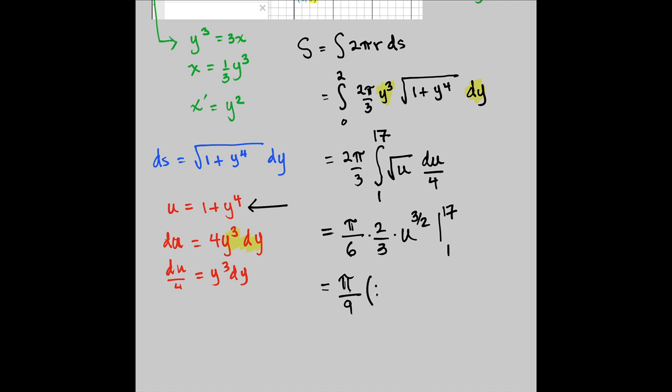And then we will have 17 to the 3/2 minus 1 to the 3/2. Well, 1 to the 3/2 is just 1. And typically in this book we do our simplification of the 3/2 power as follows. We'll write that as 17 root 17 minus 1.